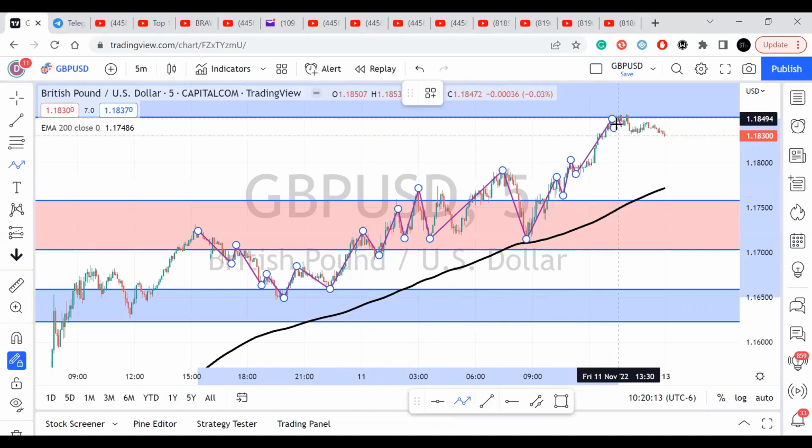So price came back into this zone because we're paying attention to this zone. I need to zoom this out. So we now have a break of this structure, pullback. So I'm expecting a sell-off at least to this low.